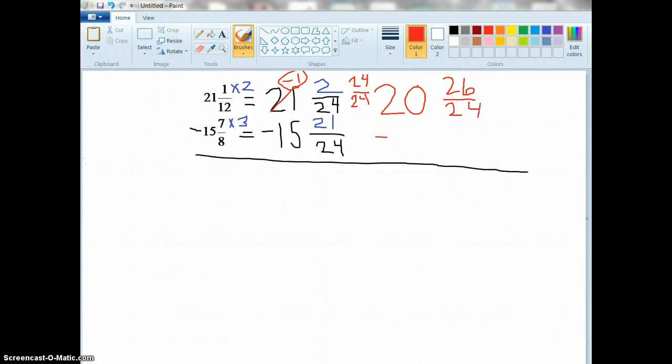Bring over the second mixed number and now we can subtract. So our final answer is 5 and 5 over 24.